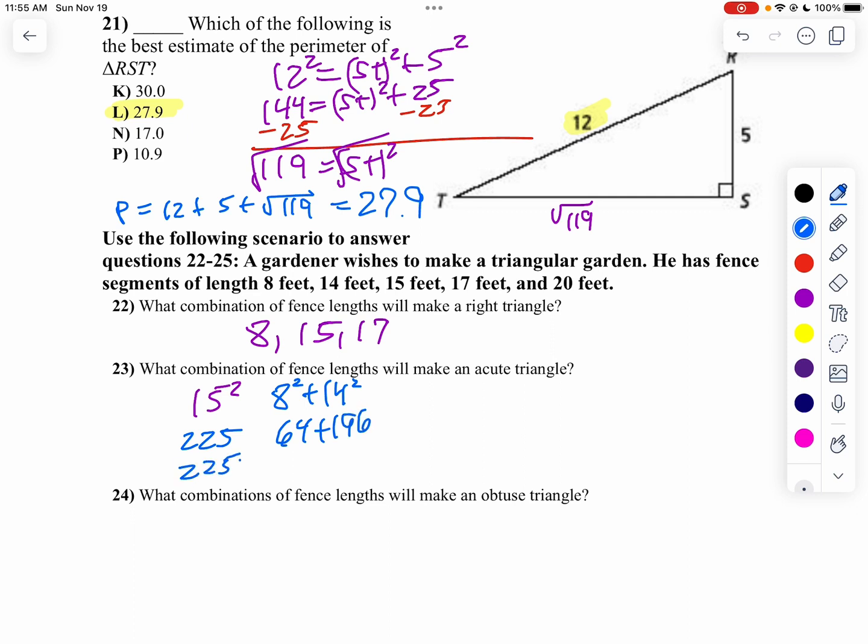If I add 64 and 196, 6 plus 4 is 10, 6 plus 7 plus 9 is 16, and I get 260. Notice 225 is less than 260, so that would make it acute.